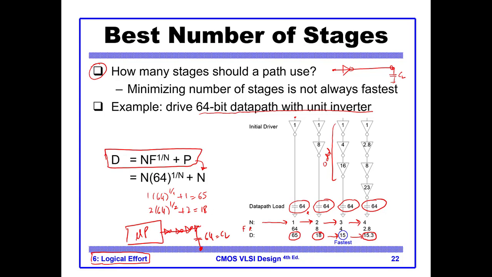So you may decide, okay, the delay 15.3 is okay for me, and you can put 4 inverters. So it depends on the designer, what he decides, if he wants an inverted output or a non-inverted output. So this is how you decide the number of stages.